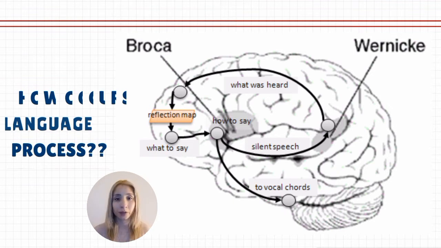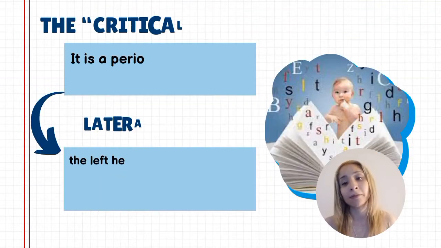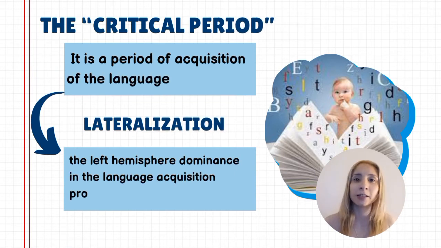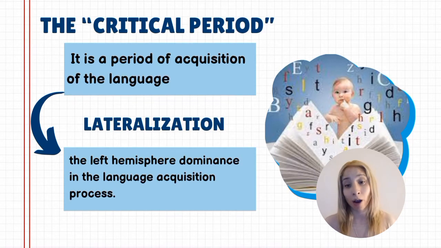The language process is more important during childhood up to puberty, because during this period the human brain is most ready to receive input and learn a particular language. This is sometimes called the sensitive period for language acquisition, or critical period.